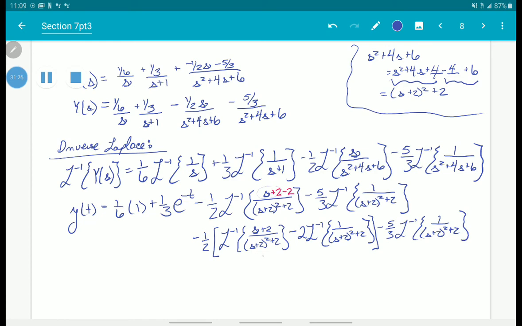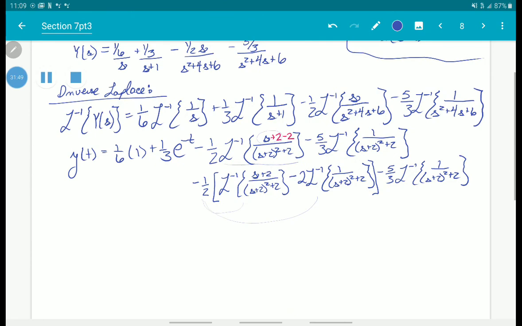Now, this guy now looks like my cosine formula. This is really going to be the sine formula. We're going to have to do some tweaking. I'm not going to write this out yet until I can combine these terms. When we split the numerator here, that Laplace was all multiplied by a negative 1/2, so it will have to distribute to those two pieces. So lots of math going on in the background.